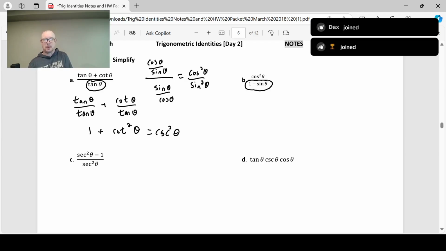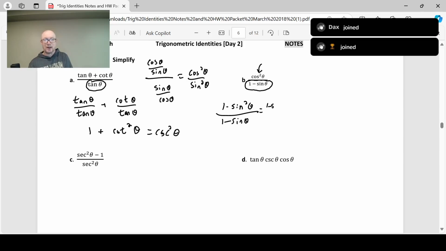So actually what's happening here is we have to use the top, and we're going to replace cosine squared with 1 minus sine squared theta, divided by the denominator 1 minus sine theta. And then we're going to factor the top. That would be a difference of squares.